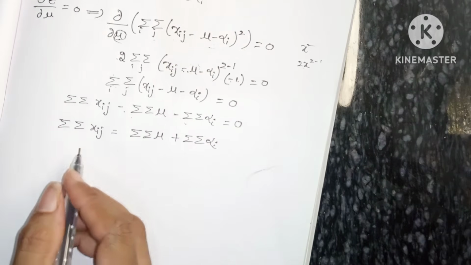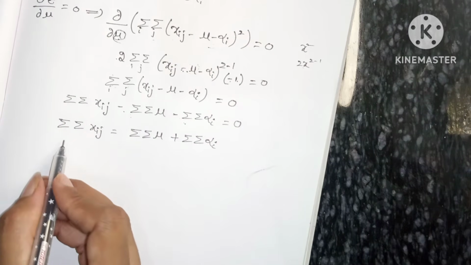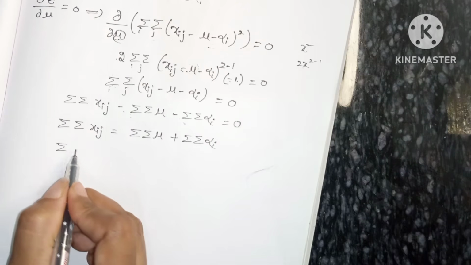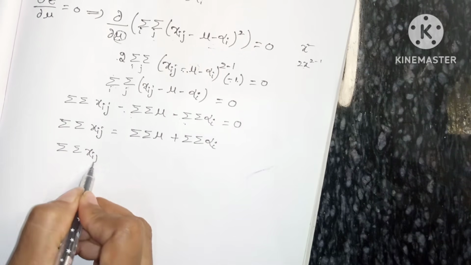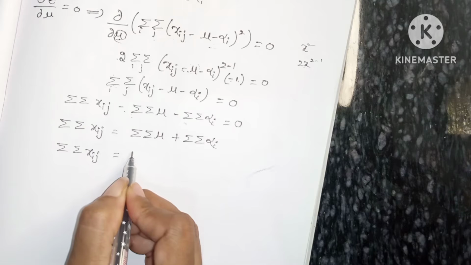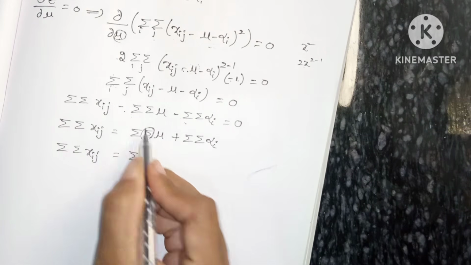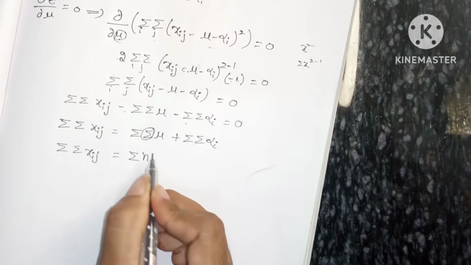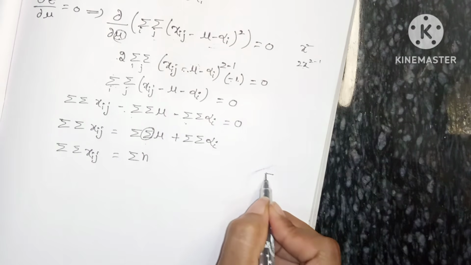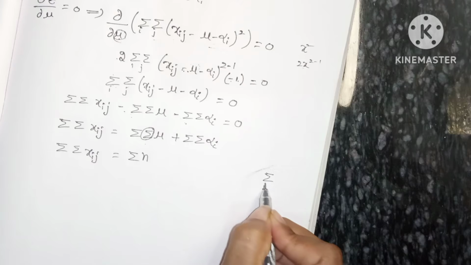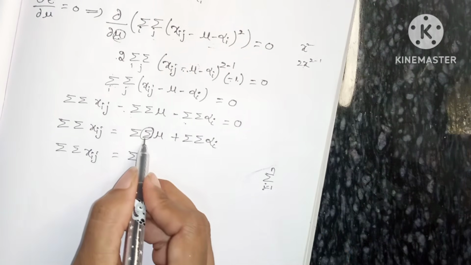Okay, so now double summation xij equals summation. Instead of this summation I am going to keep n. Why? Because summation j equals 1 to n, this is the limit.